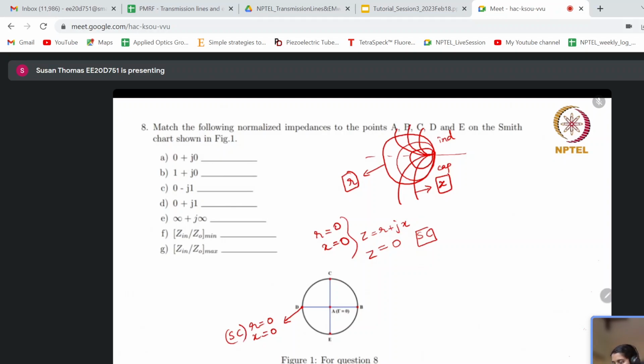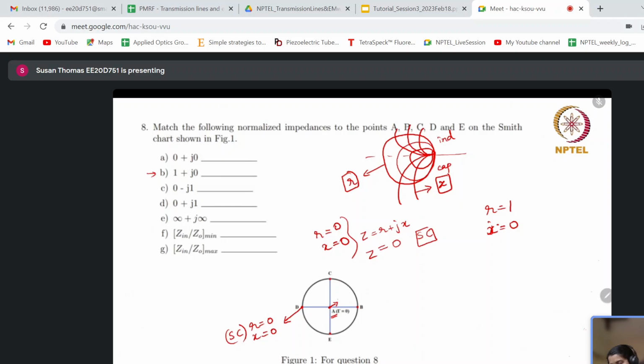Now how about the second one? It is 1 plus j0, so r equals 1 and x equals 0. Where is the r equals 1 circle passing through? The r equals 1 circle passes through the center, but x is 0. So x is 0 and r is equal to 1. That is at the center, which is point A here.